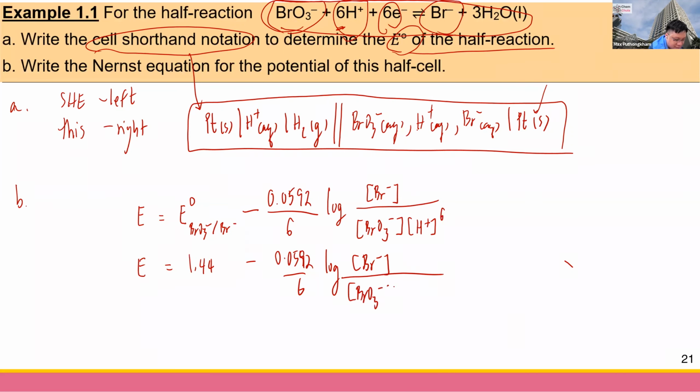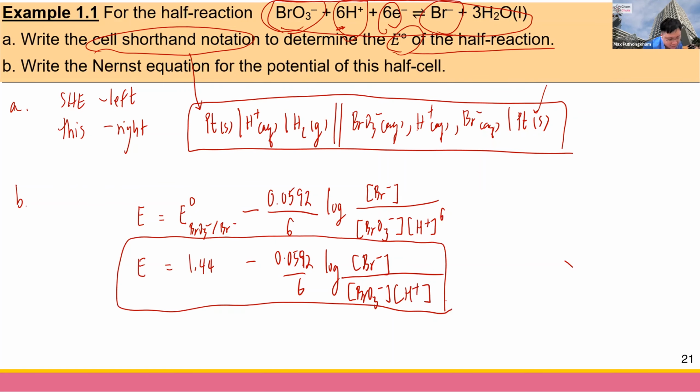The exam will ask you to write something like this, but since it's online, you can guess how I'm going to do this. So this is the answer. Any question? Okay, good. I'm going to go to the next one.